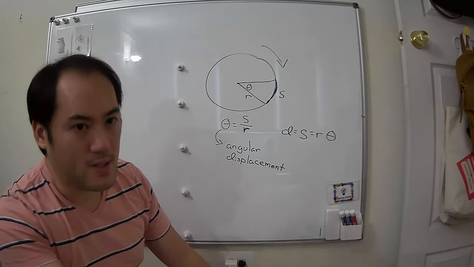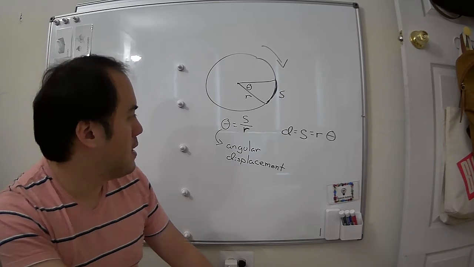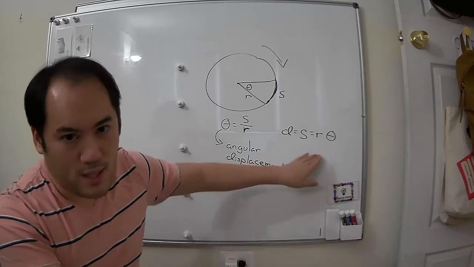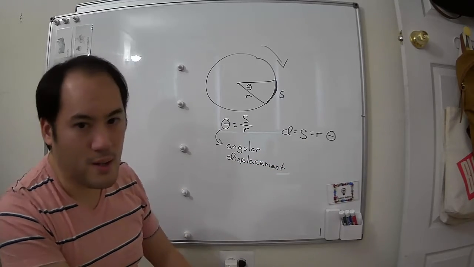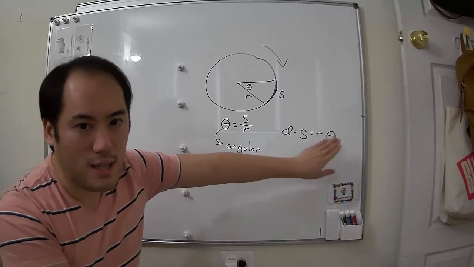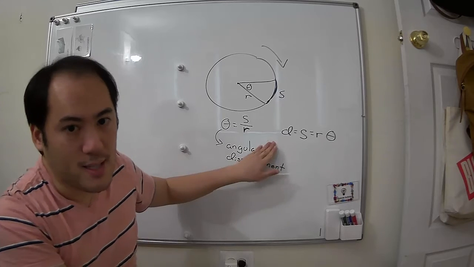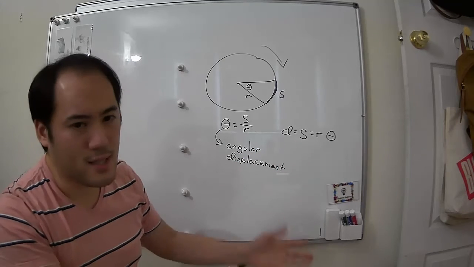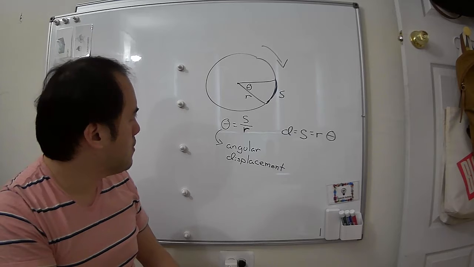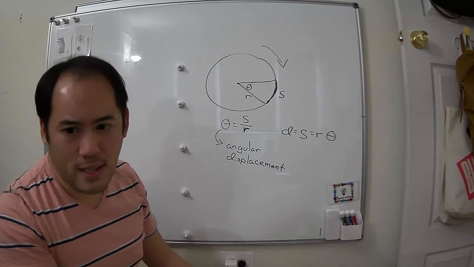That means my car has also traveled 100,000 miles. And that's based on this formula, d equals r theta. They know the radius of the car's wheels and multiply it by theta to find d, the displacement of the car, or distance of the car. Cool. Not much else to say about that.